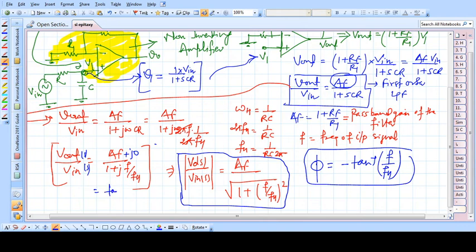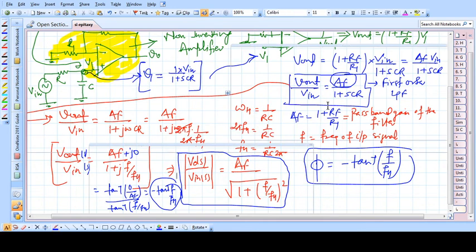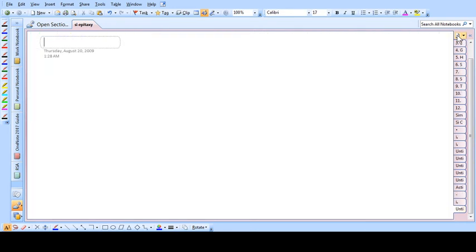So this should be tan inverse 0 by AF minus tan inverse F by FH.